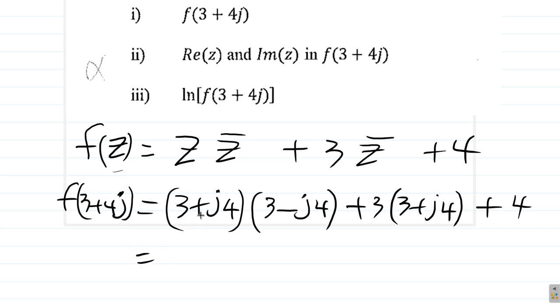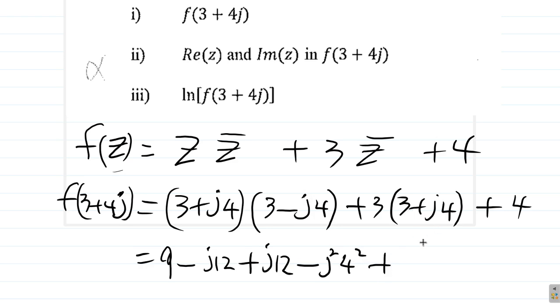Now, if you should multiply this out, 3 times 3, that's 9. Plus 3 by negative j4 is minus 12j, that's minus j12, plus 4j times 3, that's plus j12, minus j4 by j4 means j squared 4 squared, right?